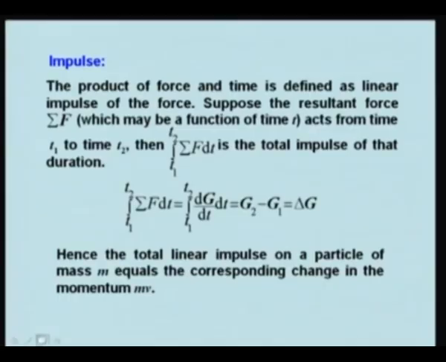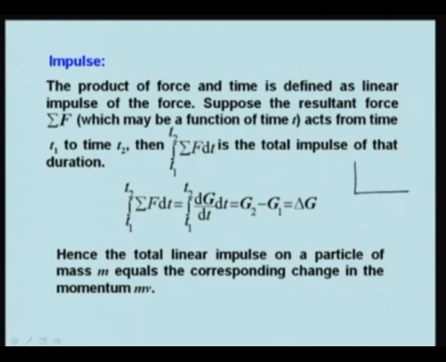Suppose the resultant force sigma F, which may be a function of time t, acts from time t1 to time t2. Then the integral from t1 to t2 of sigma F dt is the total impulse of that duration. So, total impulse is the area under the F and t curve.